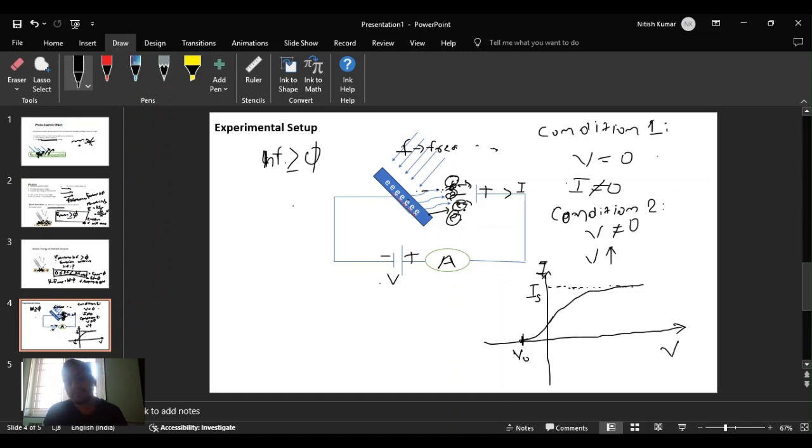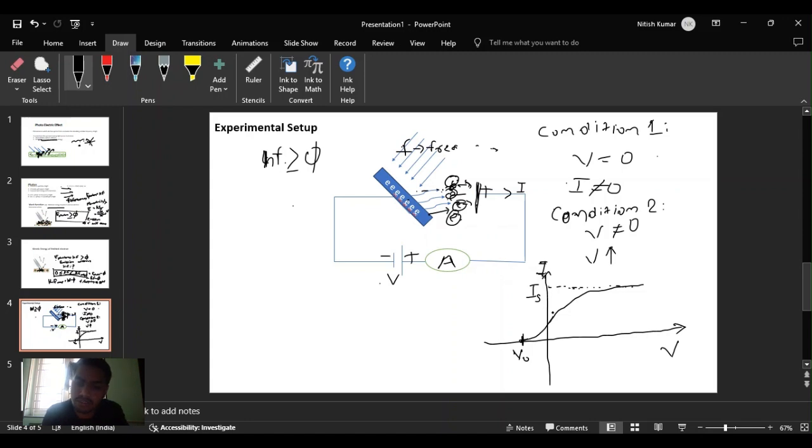As the potential increases, the attractive force on the electron increases, and most of the electrons emitted from the metal surface due to the light get attracted to this plate. As we increase the potential, the current in the circuit increases.